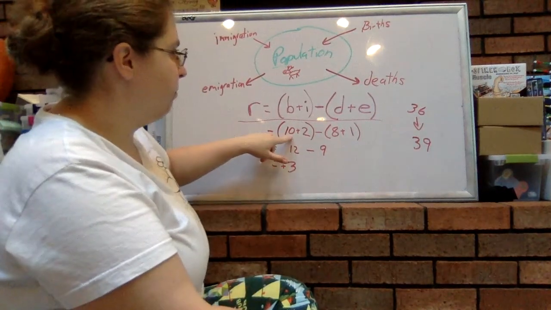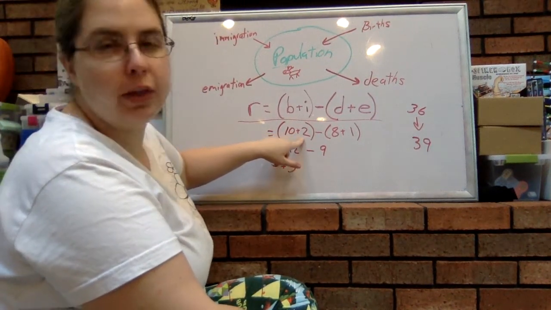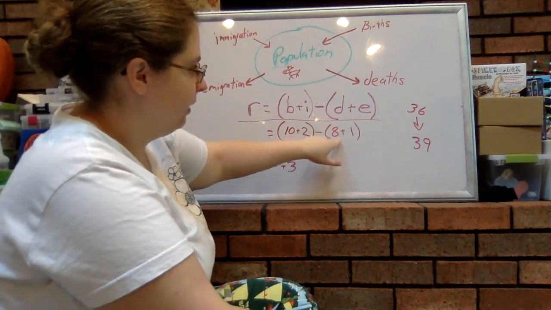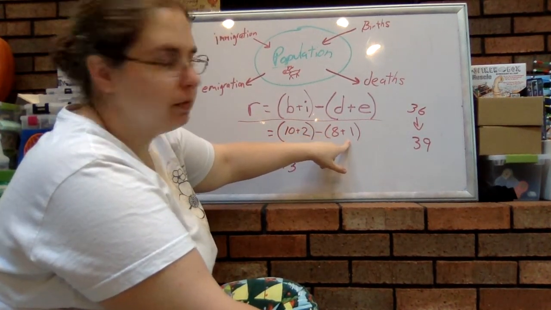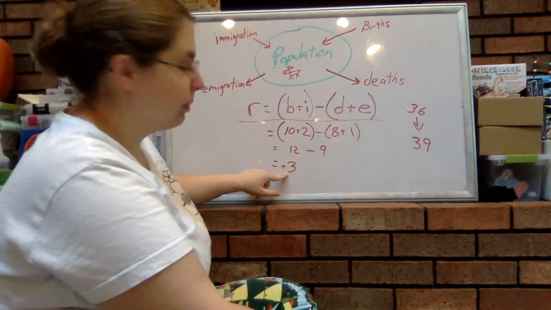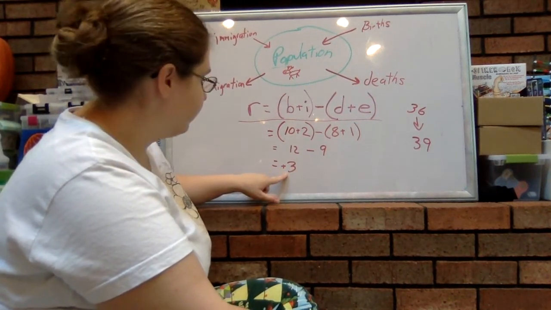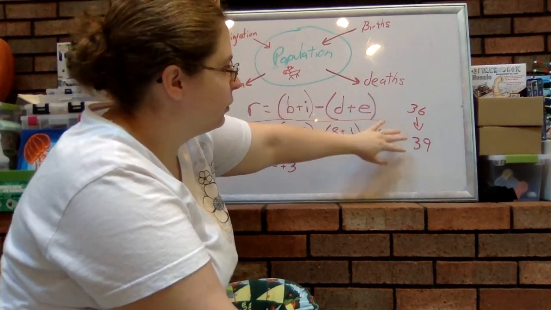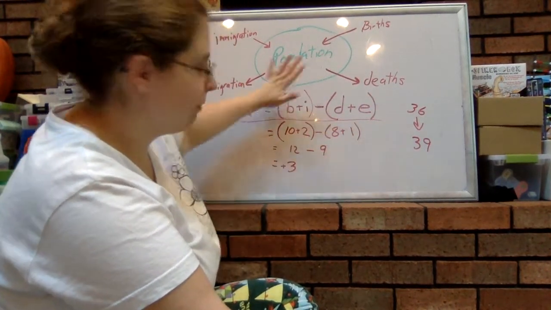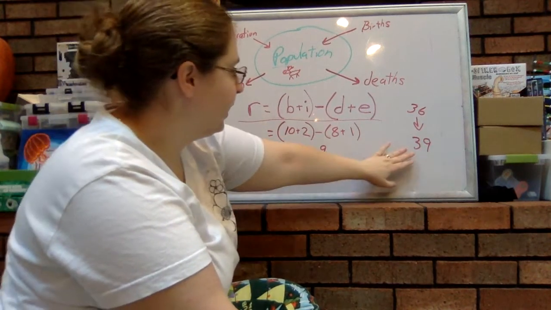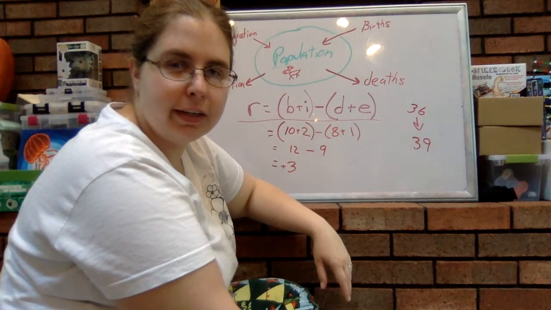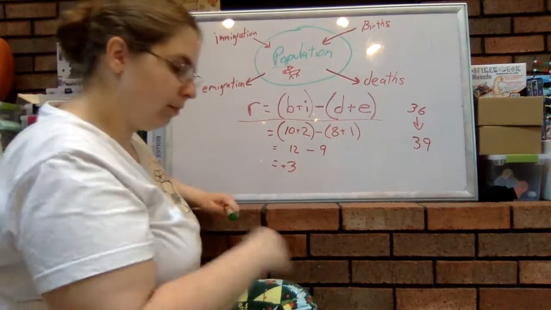Because we had 10 born and 2 that entered via immigration, but 8 died and 1 that left on its own. So the net change is going to be a positive 3. So that means that from the previous population size to considering everything that's occurred, we have a net gain of 3. So 36 plus 3 equals 39. All right.